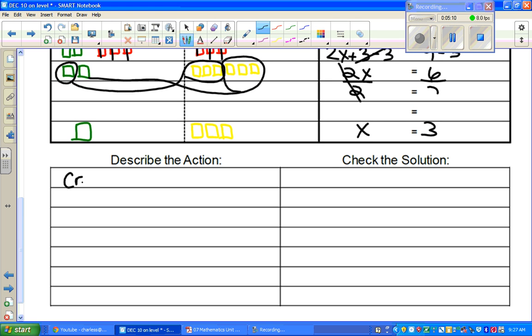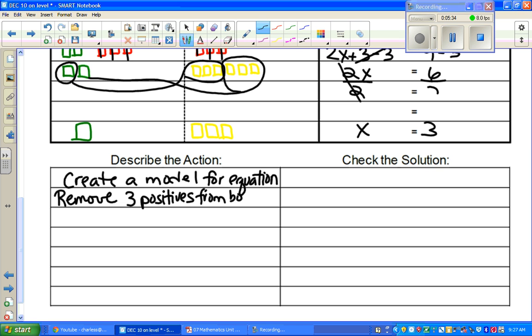So now we're going to describe our actions. We're going to create a model for the equation. We're going to remove 3 positive from the left and the right.